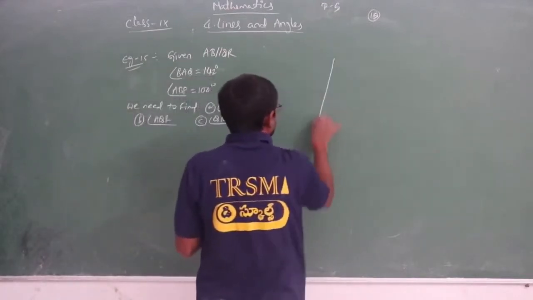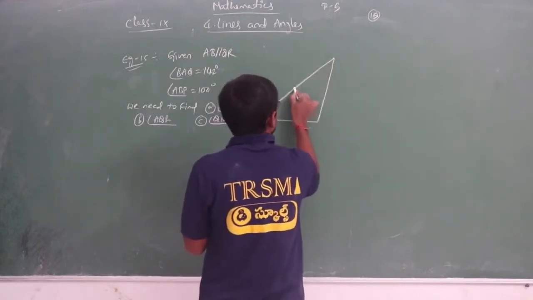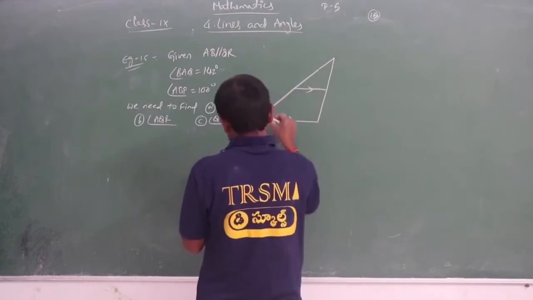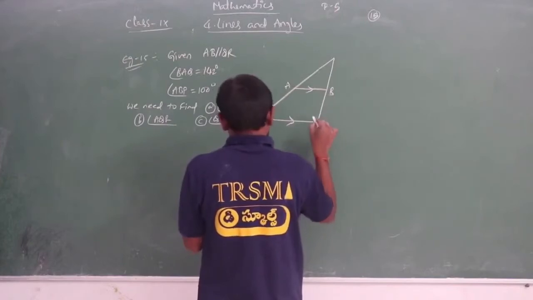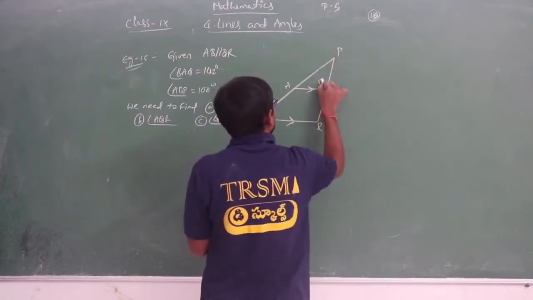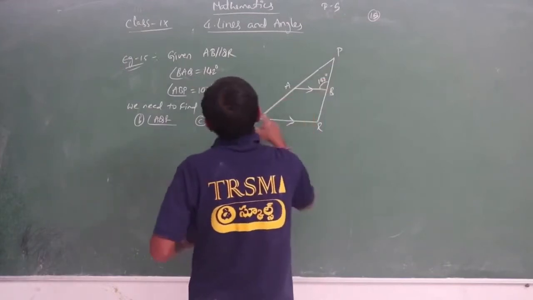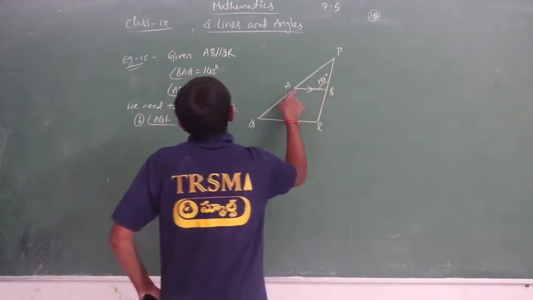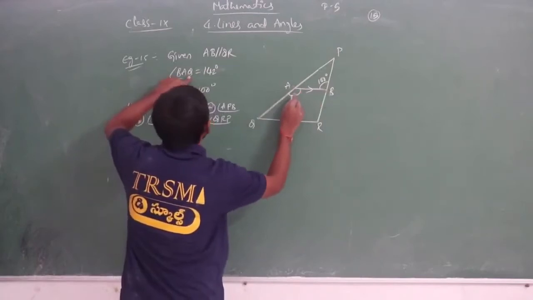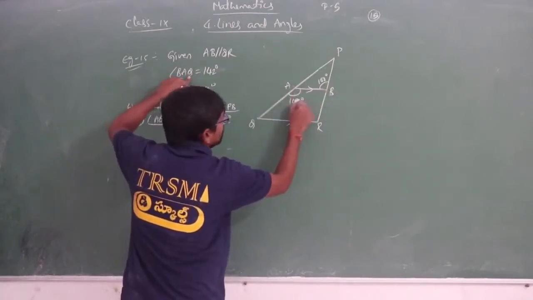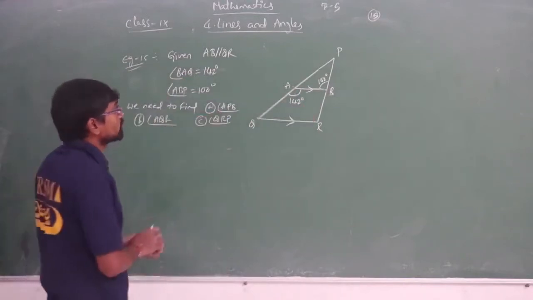Let me draw the diagram so that we can understand it clearly. Here we have the figure, these two lines are parallel, AB and QR, and here we have P. This angle he has given as 100 degrees, and this angle BAQ he has given as 142 degrees.